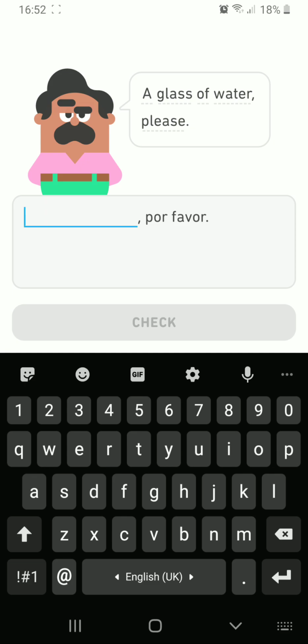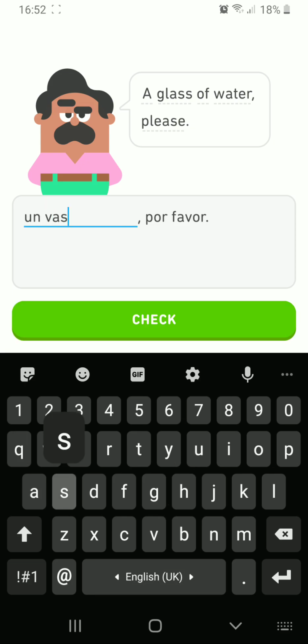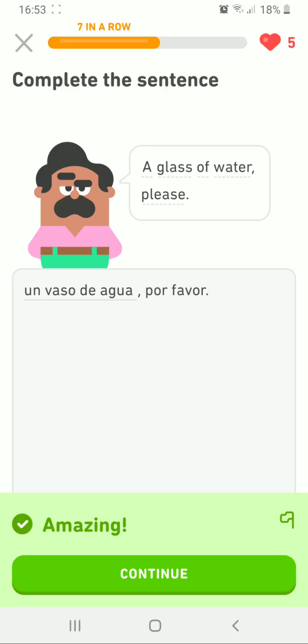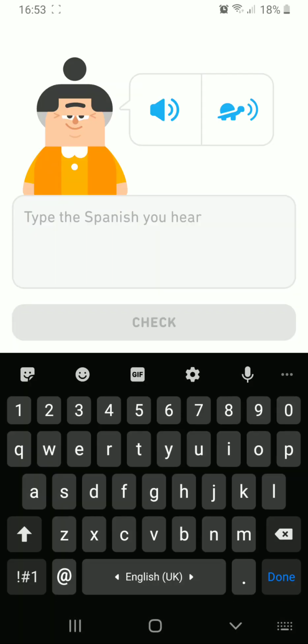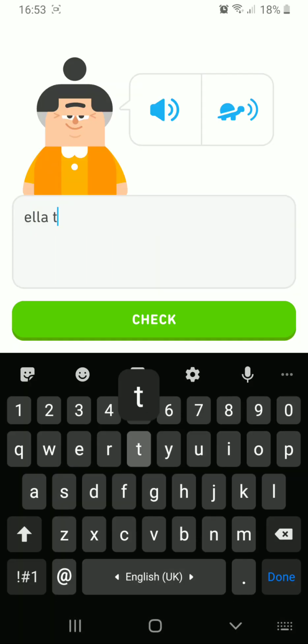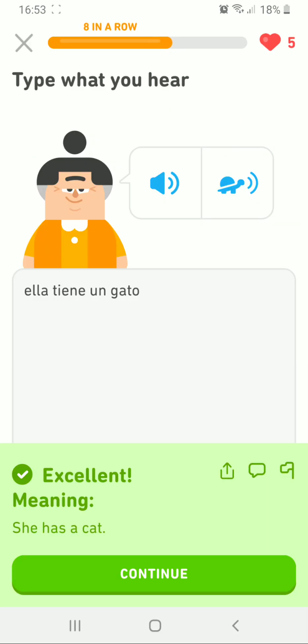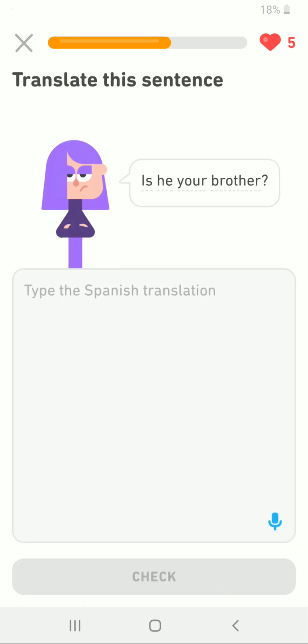Un vaso. So un vaso de agua. Good. And Ella tiene un gato. Ella tiene. ¿Qué tiene? Un gato. Gato. Ella tiene un gato. Is he your brother?